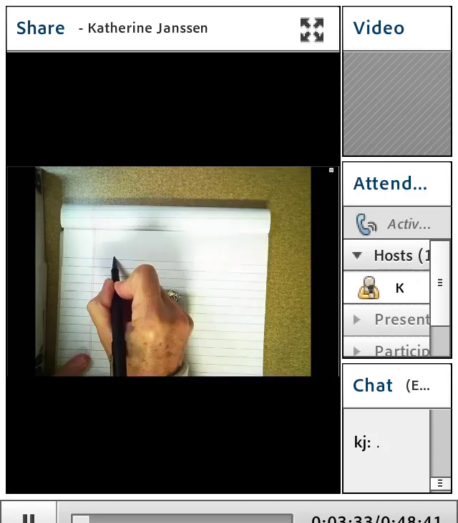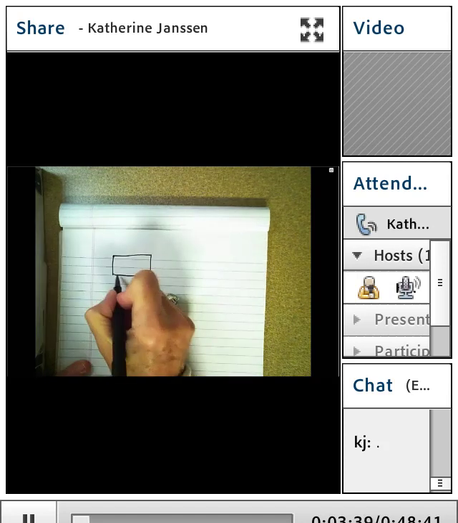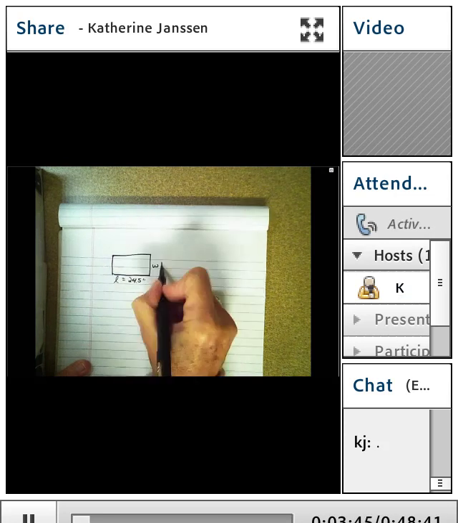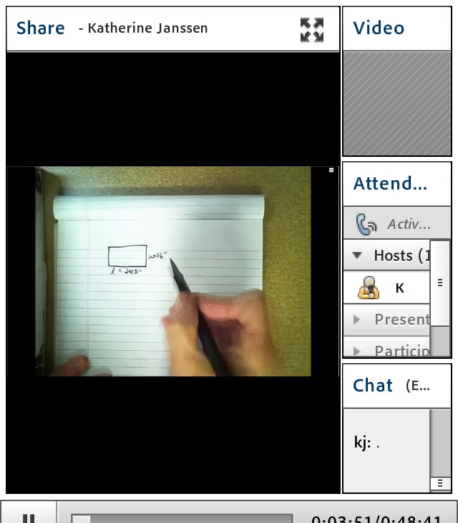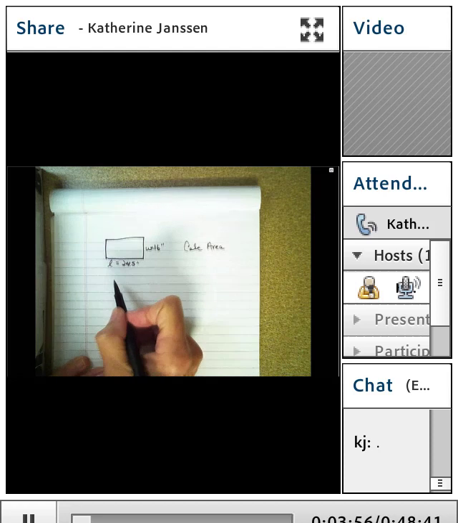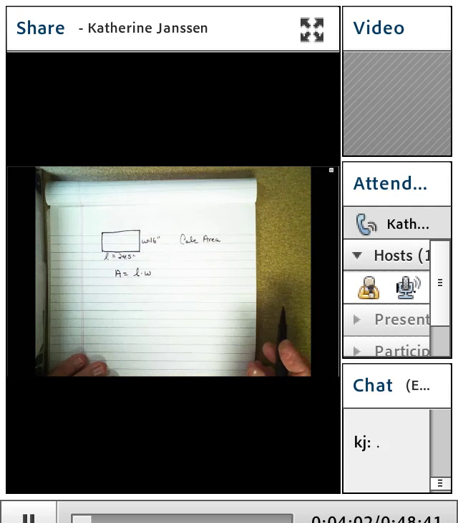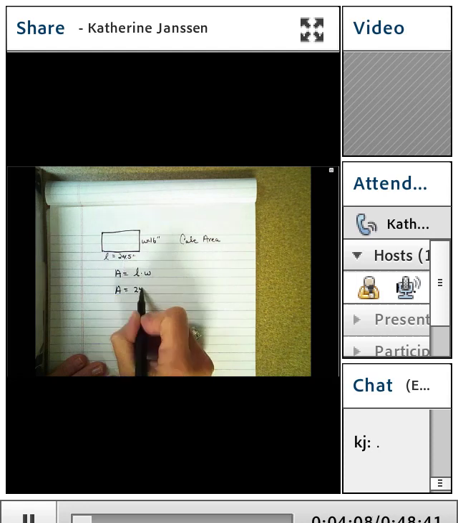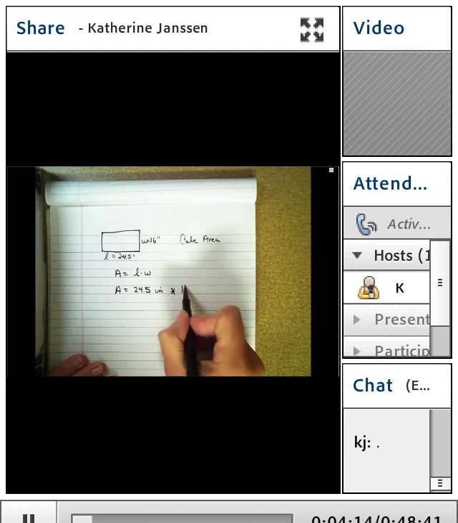We have a rectangle whose length is equal to 24.5 inches and whose width is 16 inches. And we're supposed to calculate the area. We need to remember that area is equal to the length times the width when we're dealing with a rectangle. So we can substitute very carefully. The length is 24.5 inches times the width is 16 inches.